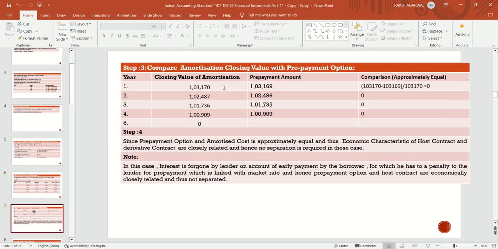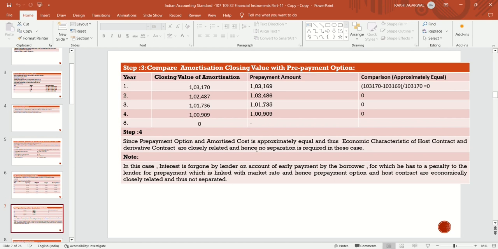We will take this over here, and the prepayment option given in the question, we will compare these two. Now the difference is approximately 0. The difference is approximately 0, equal, meaning the difference is more or less similar. 103170, 103169. The difference is minimal, or we can say it is equal.